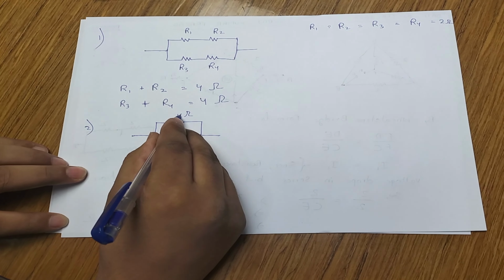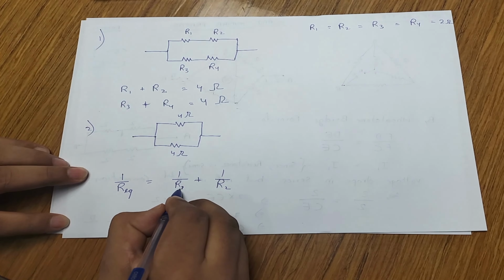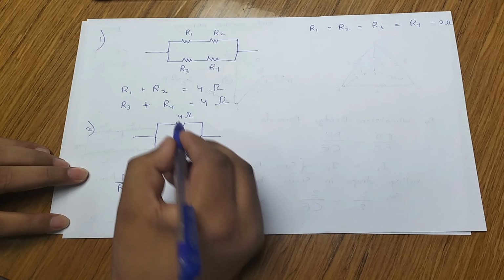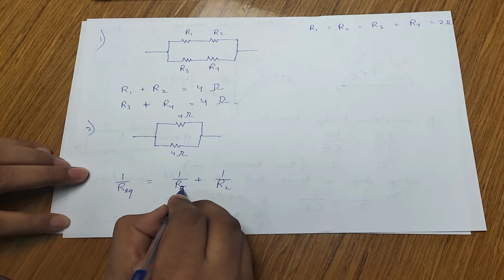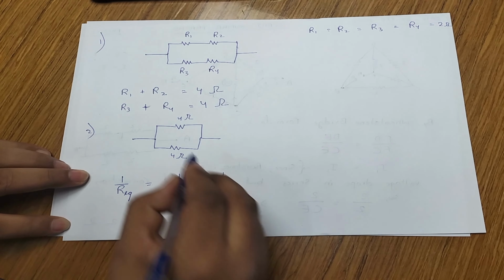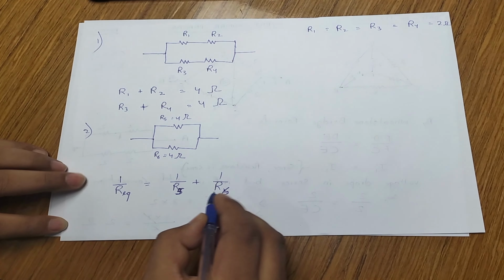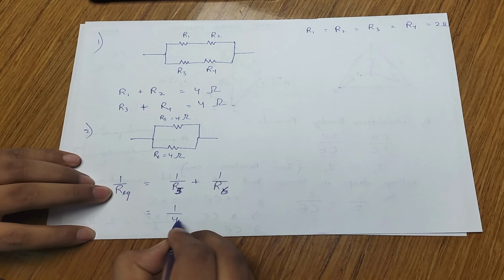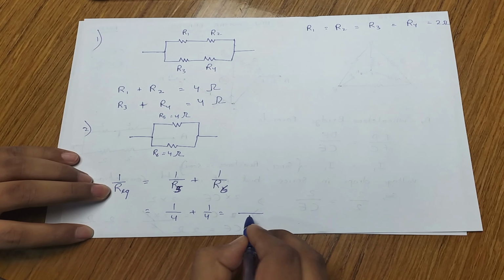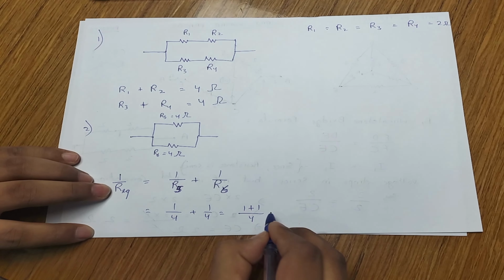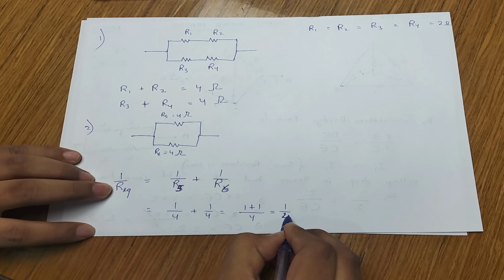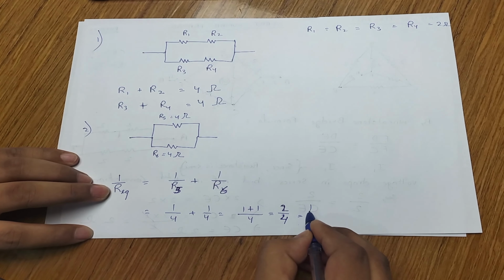To avoid confusion, let these be R5 and R6, each equal to 4. So I will do 1 by 4 plus 1 by 4. The LCM would be 4, and 1 plus 1 is 2 by 4, which is 1 by 2.